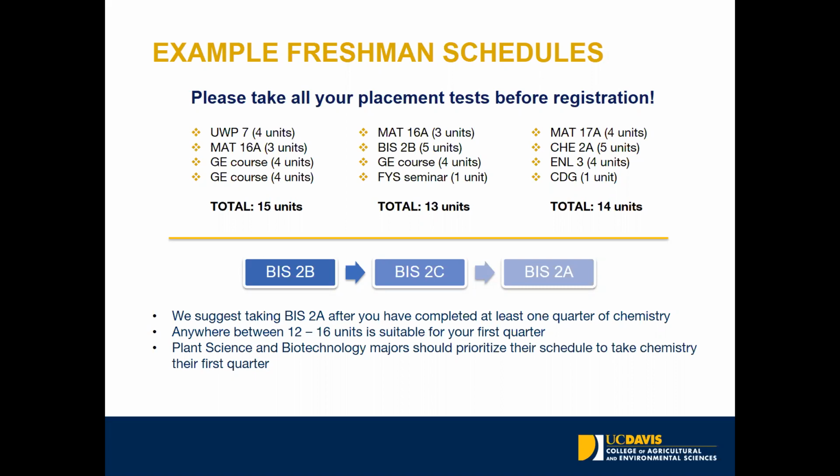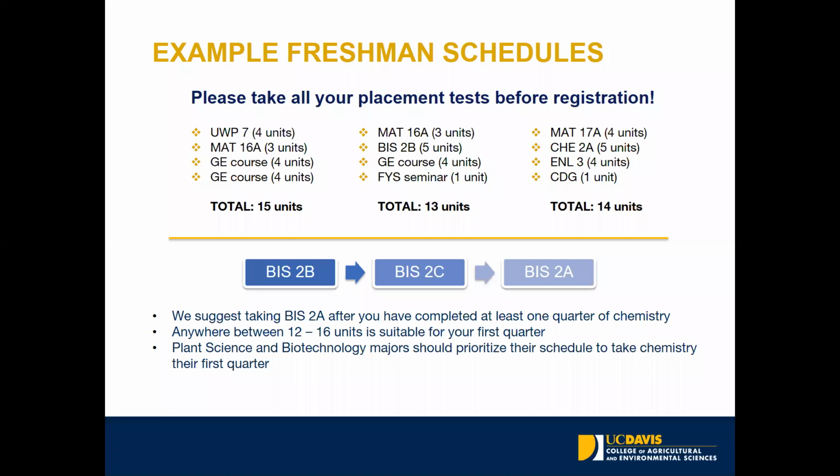So if you're a freshman coming in, or a transfer student who hasn't done your general biology yet, you're going to want to register for Biz 2B. They have found that students who take it in this order benefit from it. And they want you to have at least 1 quarter of chemistry completed before you take Biz 2A, and they have seen that students do a lot better if that's the case.